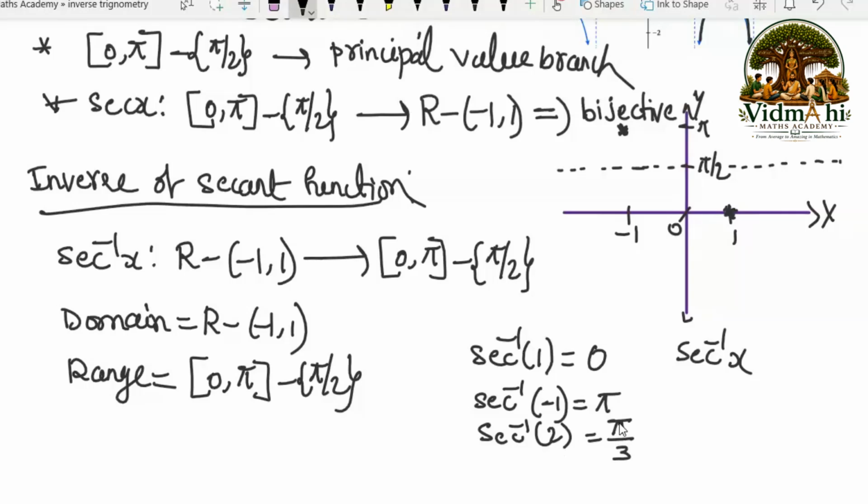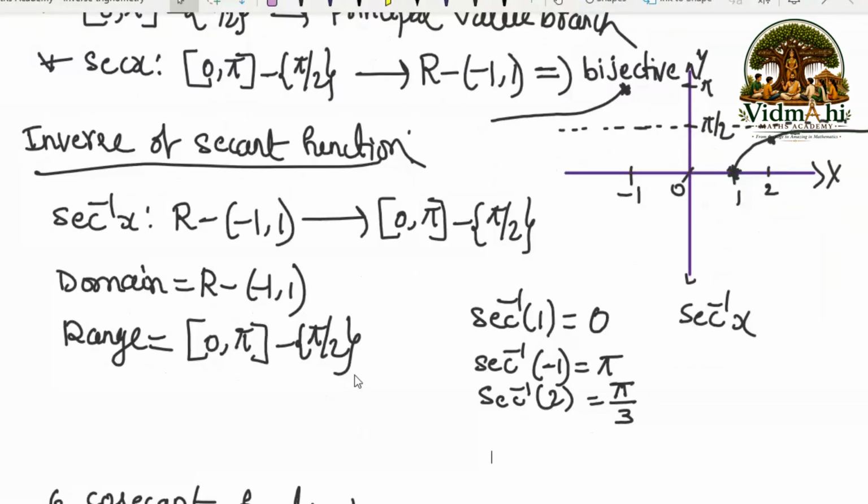So secant inverse of 2 is equal to pi by 3, 60 degrees. So now if you join the dotted lines, you get the graph like this. Okay, so this is the graph of the secant inverse function.